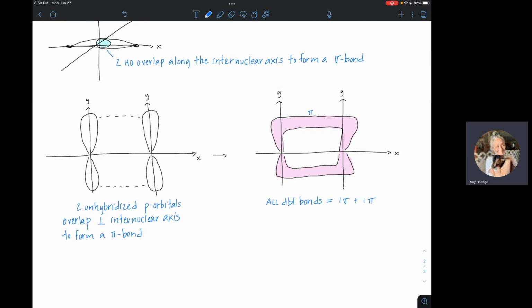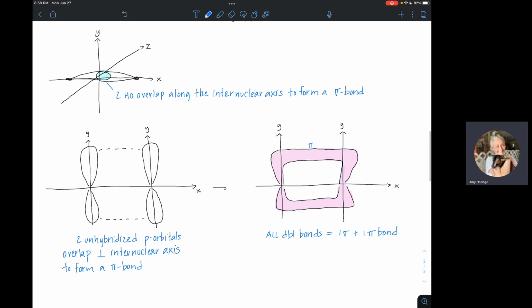Here we're looking at a pi bond, right? With a double bond, you would have a sigma bond, like we see up above there, the two hybrid orbitals overlapping along the internuclear axis. You'd have that in between.